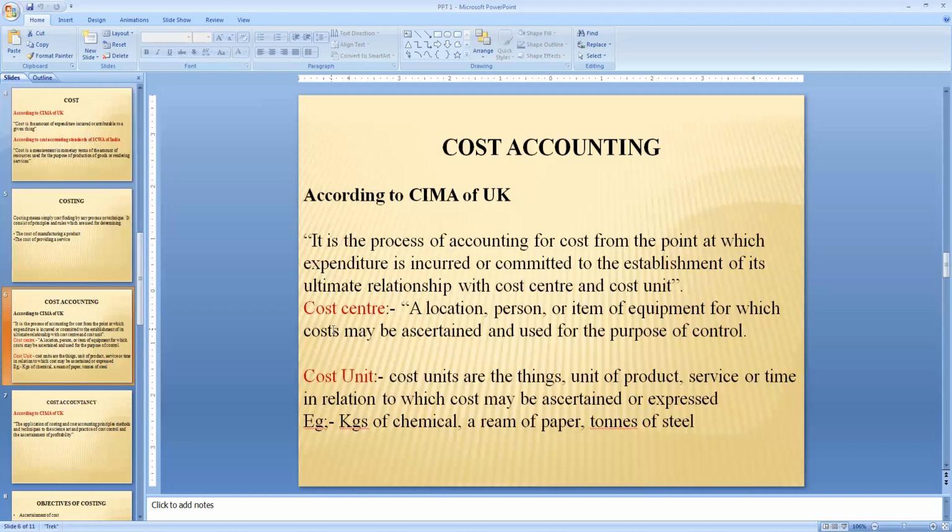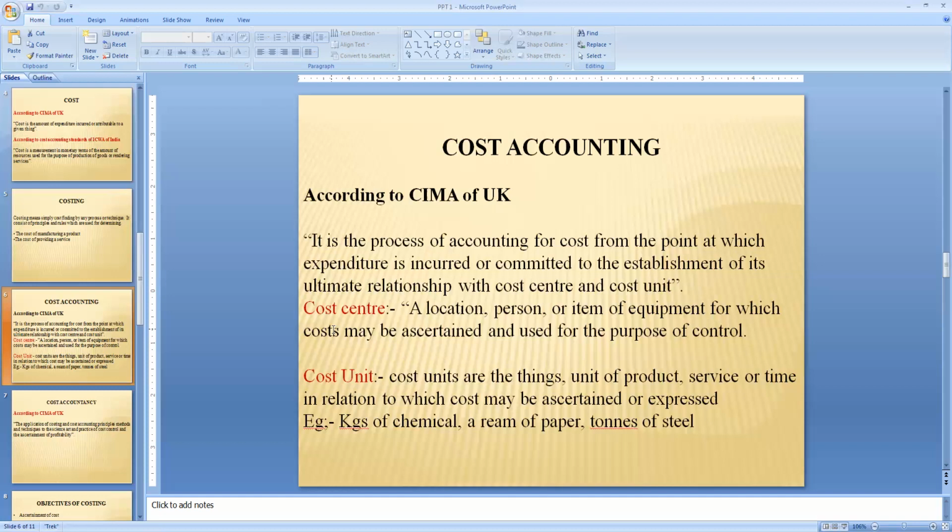What do you mean by cost unit? Cost unit is nothing but the measurement in which we are going to measure the cost. It is the unit of product, service or time in terms of which costs are ascertained or expressed.